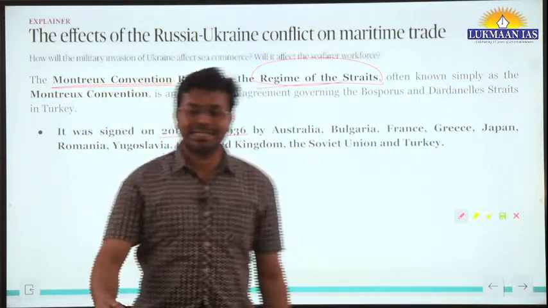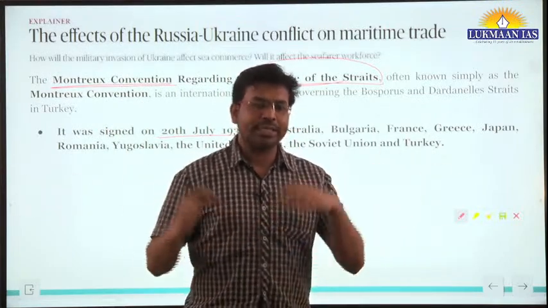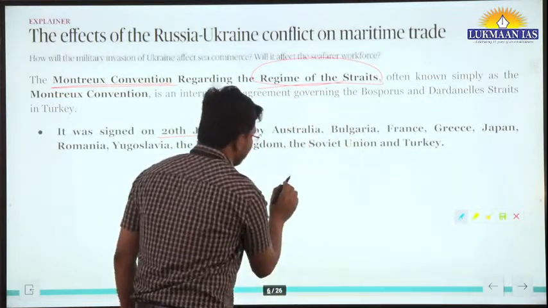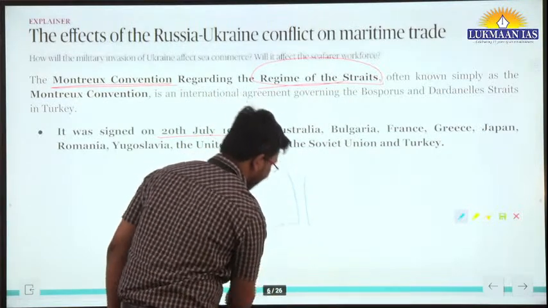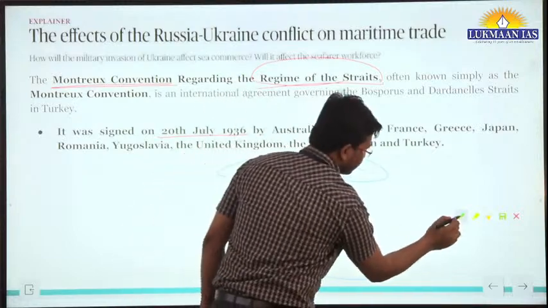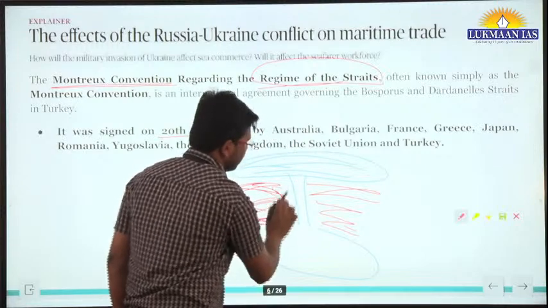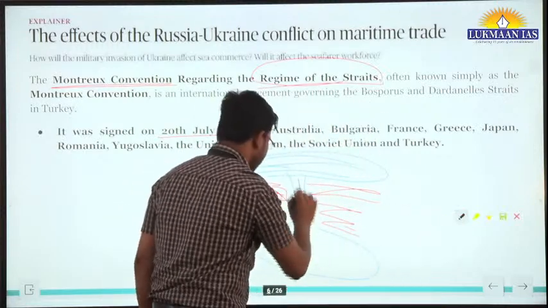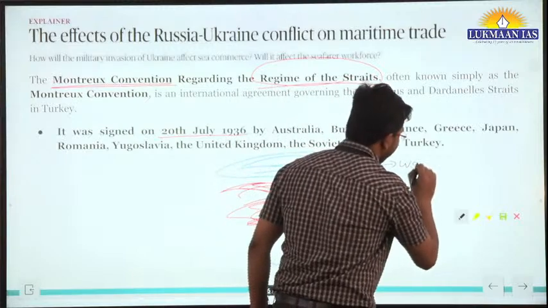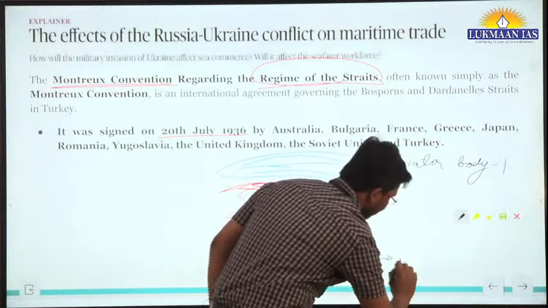Now we need to understand what straits are. Straits are narrow channels of water that connect two big water bodies, or separate two land masses. For example, let's consider this is a water body, and this is again a water body.